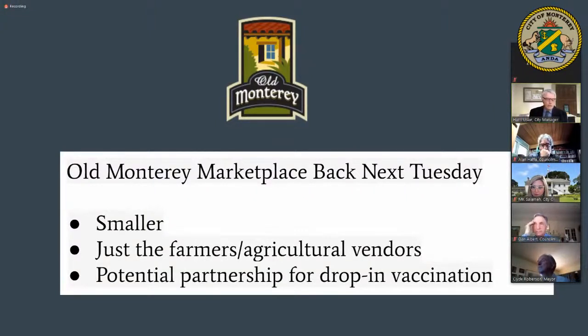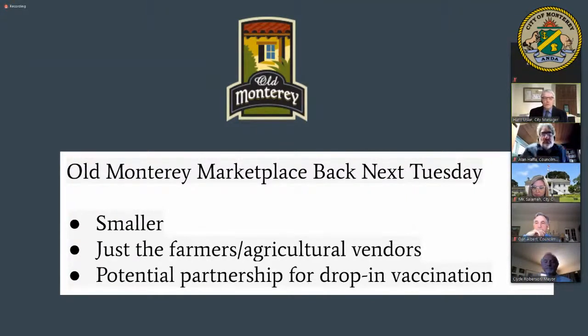You can buy a lot of other things on Tuesday market evenings in Monterey, but they want to ramp it up slowly because frankly, our marketplace is a very popular place, and from visiting it personally, many hundreds or thousands of people are frequenting that market. So it will be back.